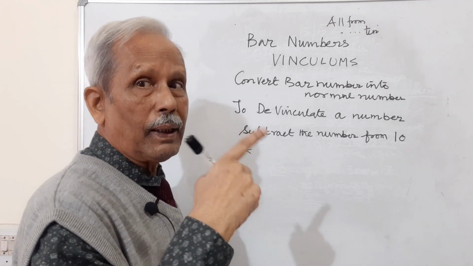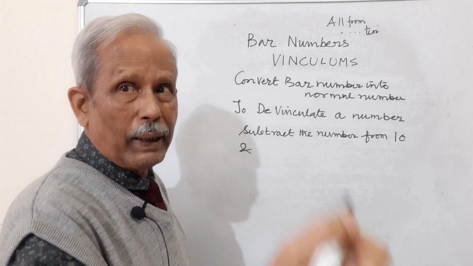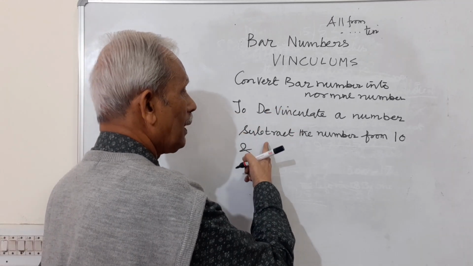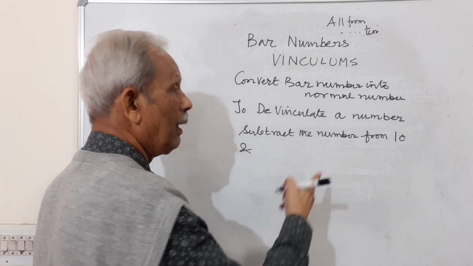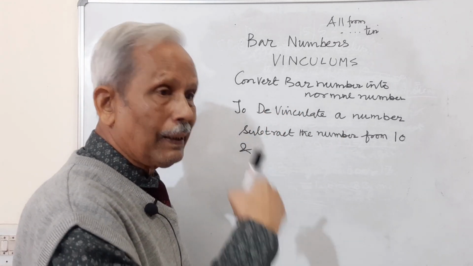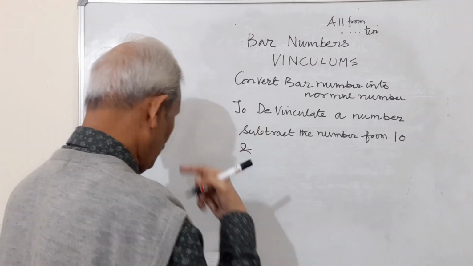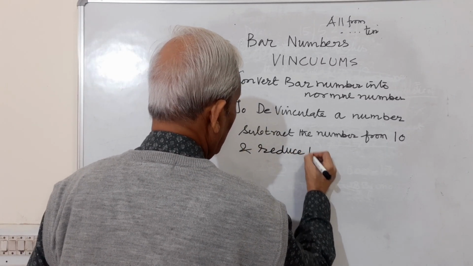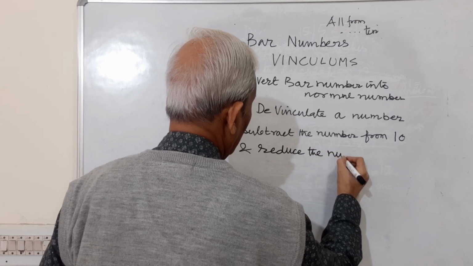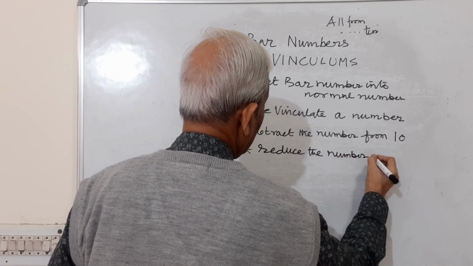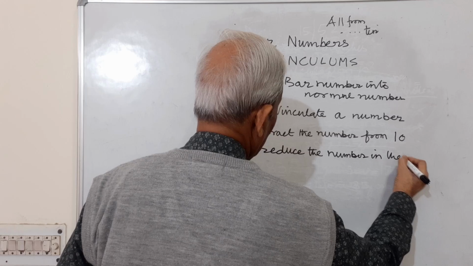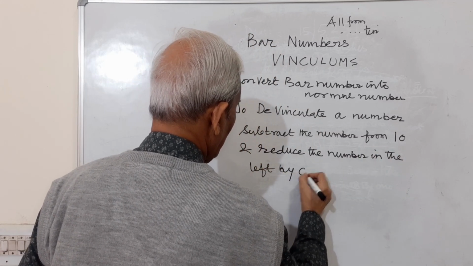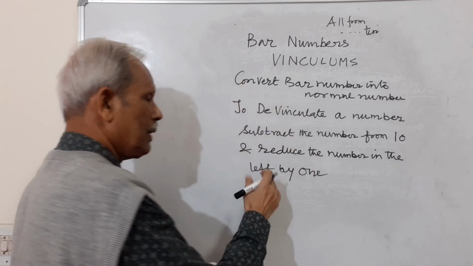Reduce. Earlier it was increase. When you are vinculating a number, converting it to a bar number, we were reducing the number, subtracting the number from 10, and then we are increasing the number in the left. Here we will reduce the number from the right, reduce the number in the left by 1. Okay, it is just opposite of that.